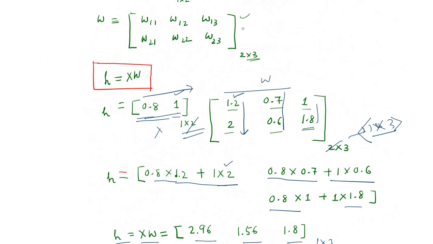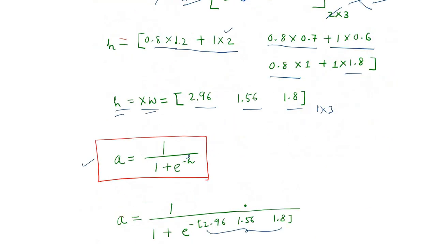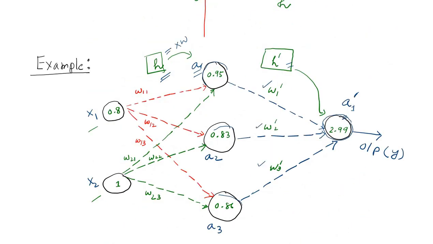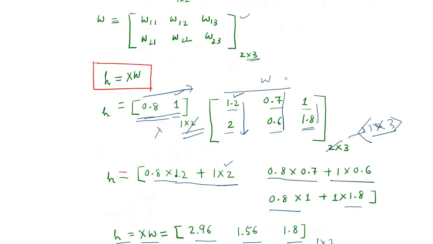These values are coming from here. I think this part is very clear. This is the a value which I put here. Now we have to find for w dash; these values w1 dash, w2 dash, w3 dash are also given.